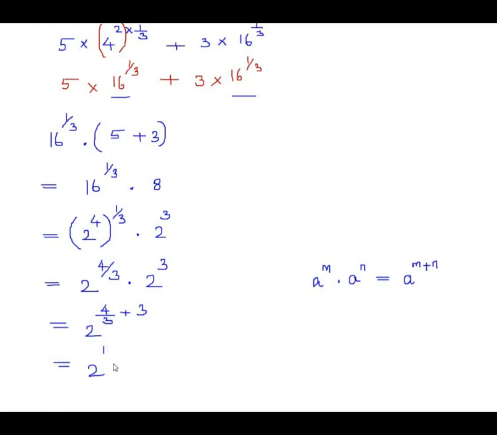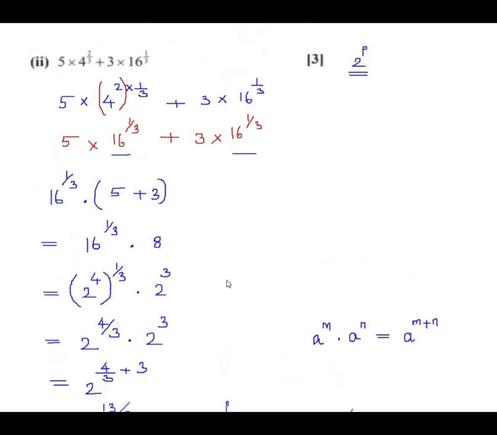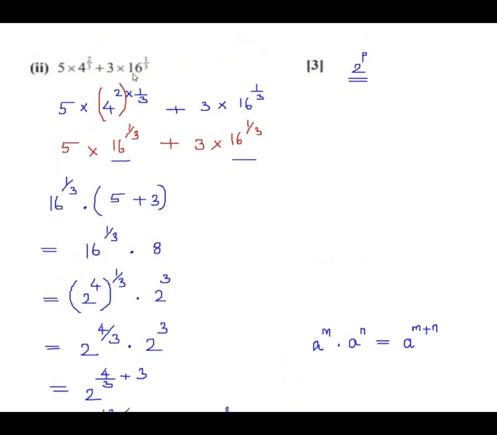So we have got the answer in terms of 2. So here in this case, p is equal to 13 over 3. You have to be very careful in solving these kind of questions and check for all possibilities. So this is one way to get the answer for these kind of questions.